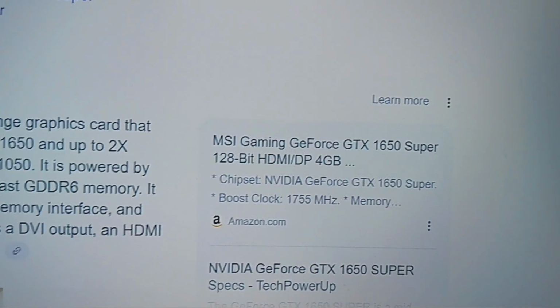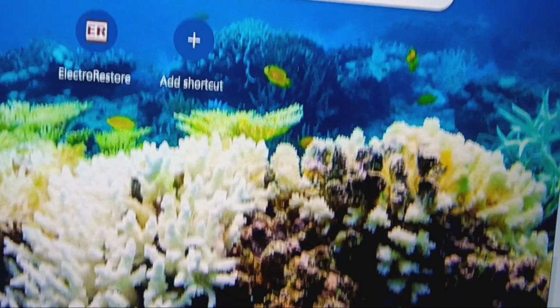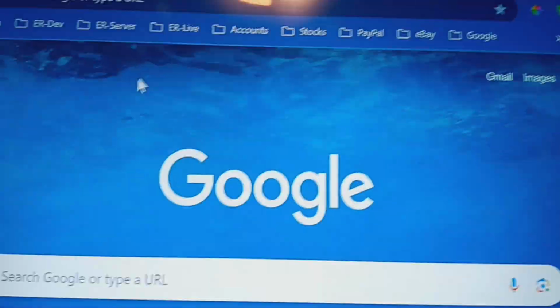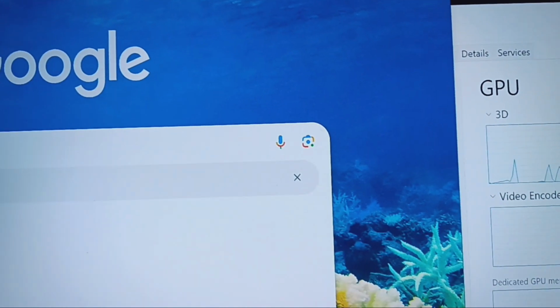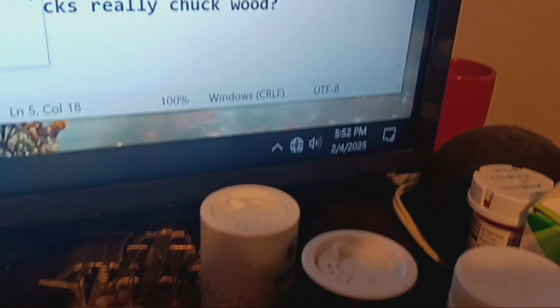If I go to another page and try to go to Google, let's just type in Google. The site can't be reached. Okay, so we're offline, and that's what it says down there. See the globe? We're offline.